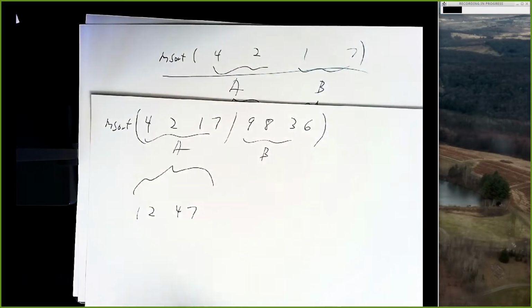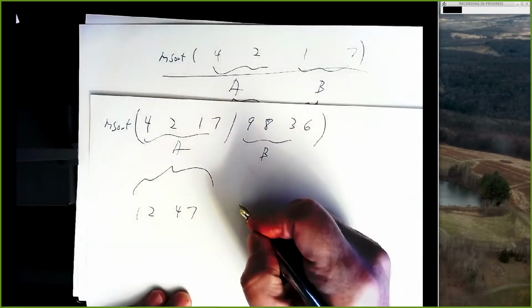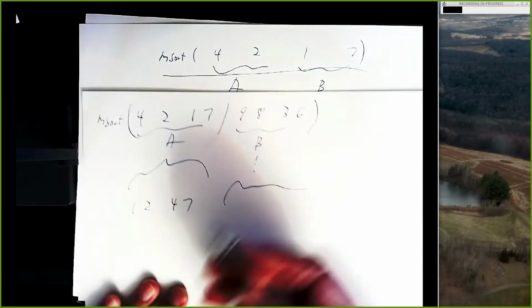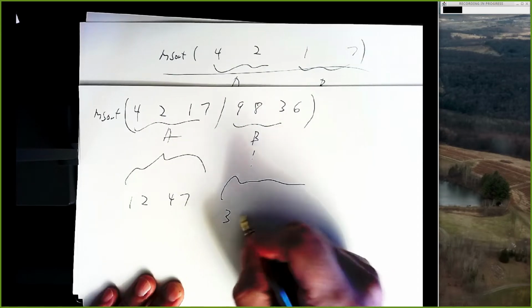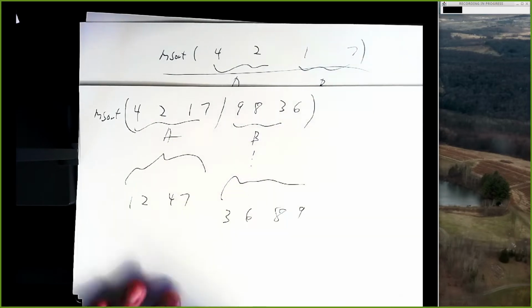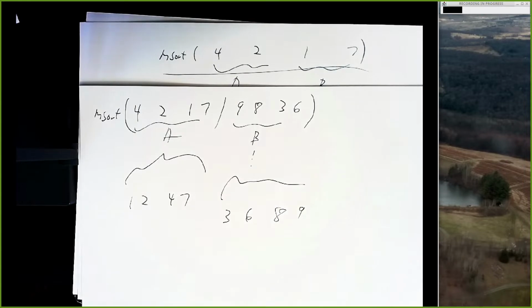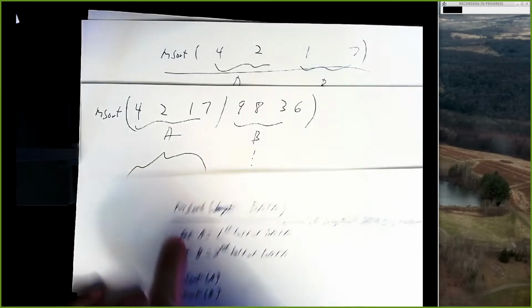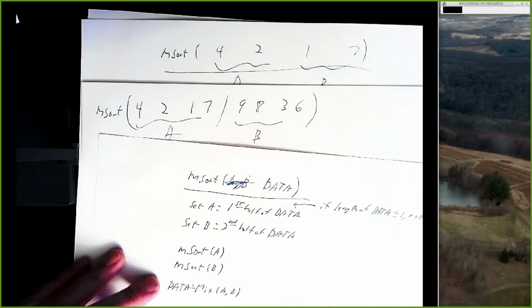Now you repeat all of that again to find msort of B. And you go down that whole recursion tree, and when you're done you come back, and eventually you'll find out that msort of B returns 3, 6, 8, 9, and then you do your mix, and you're done with your call to msort of all of this, and there's your sorted data.